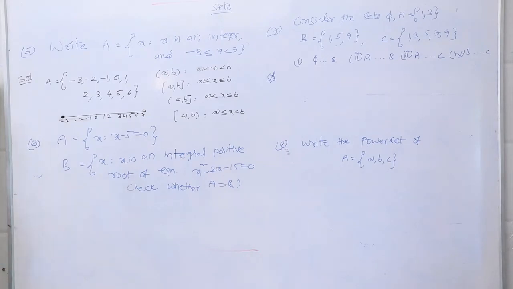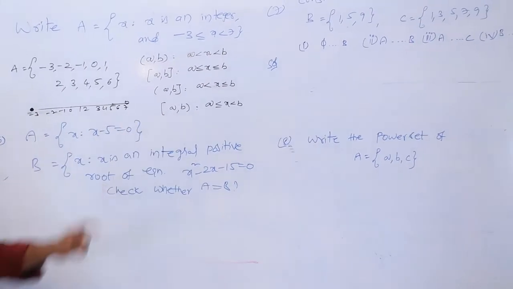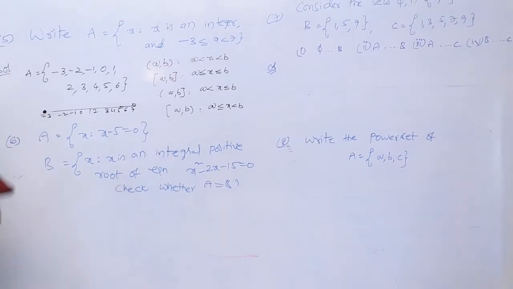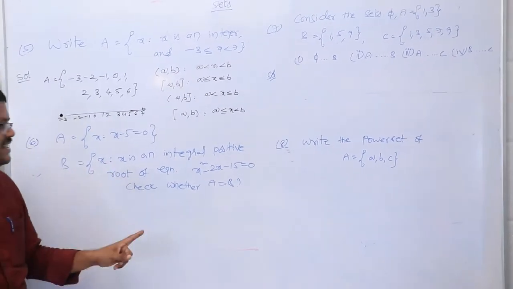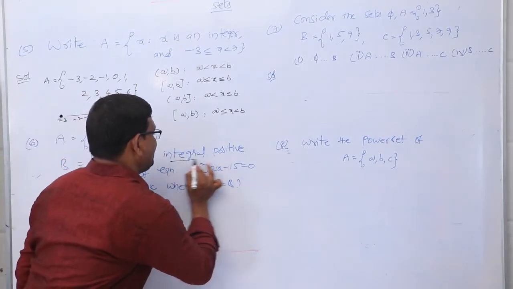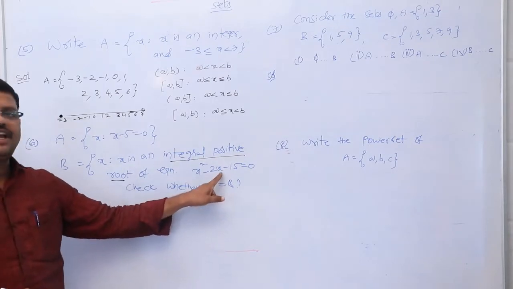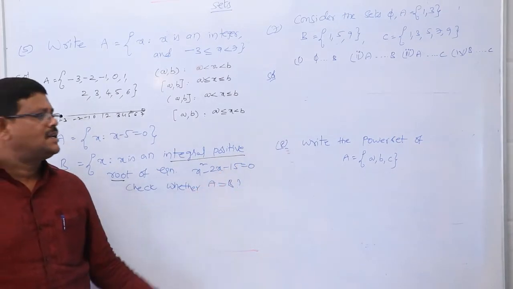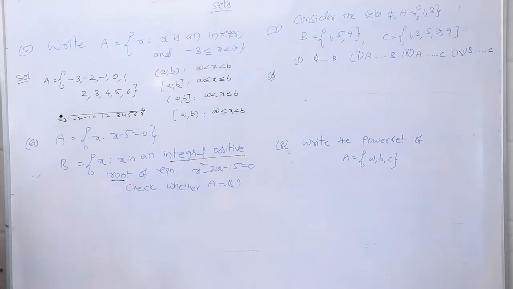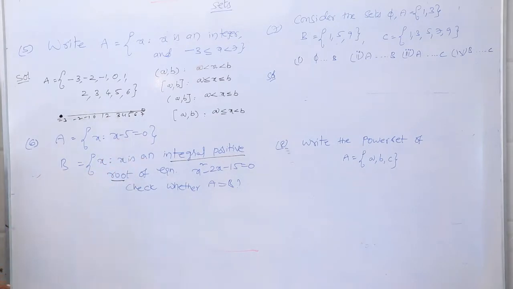And the next problem: A equals x such that x minus 5 equals 0, and B equals x such that x is an integral positive root of the equation x square minus 2x minus 15 equals 0. So what is the relation between A and B is being asked.